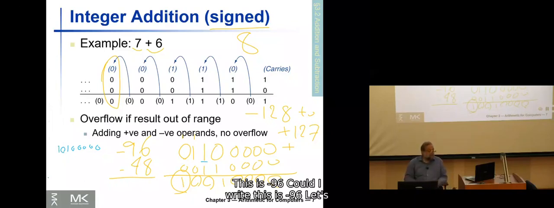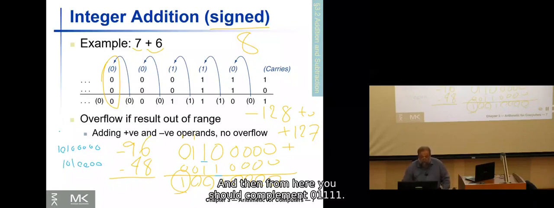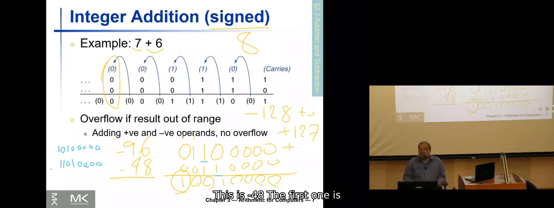Let's write minus 48. Minus 48 would be 0, 0, 0, 0, this 1, and then from here you complement: 0, 1, 1, 1, 1. This is minus 48.